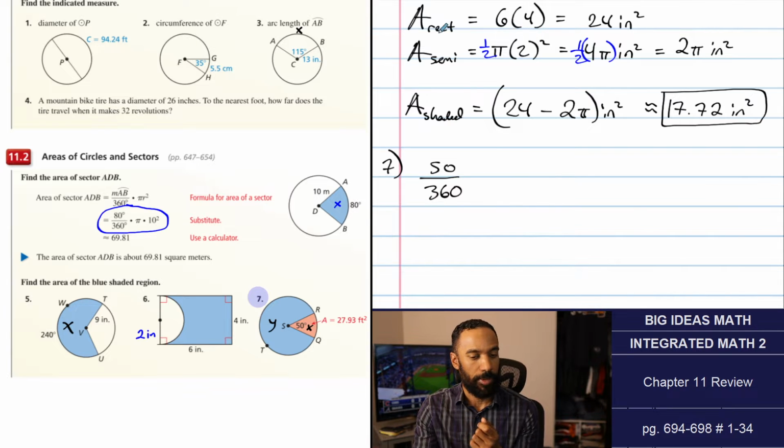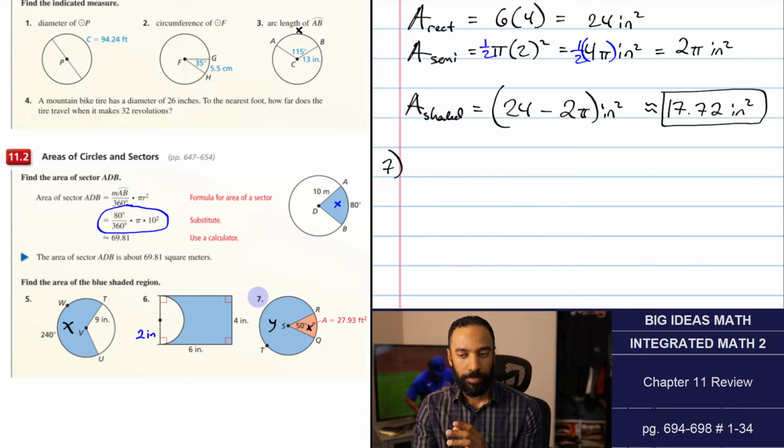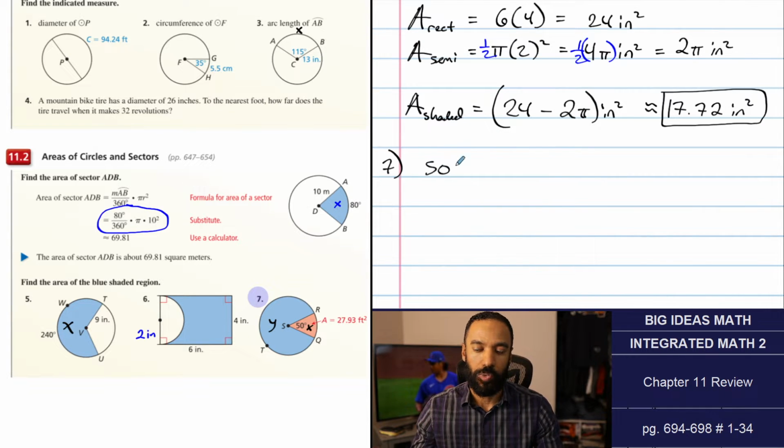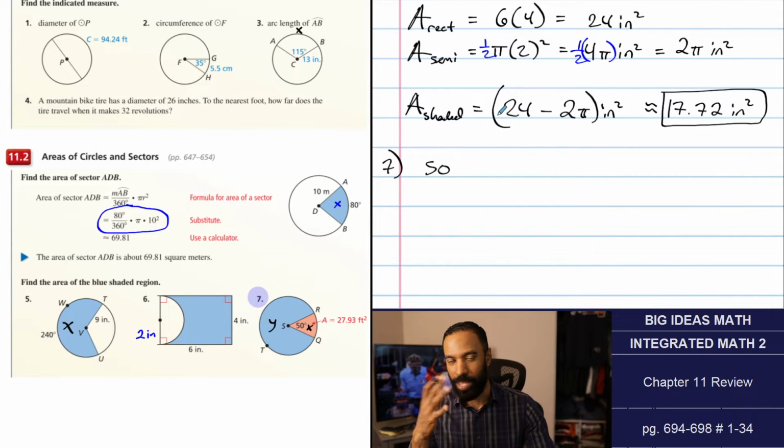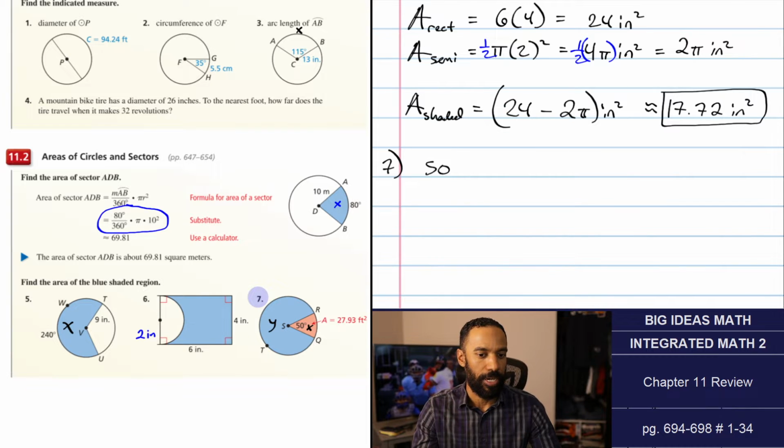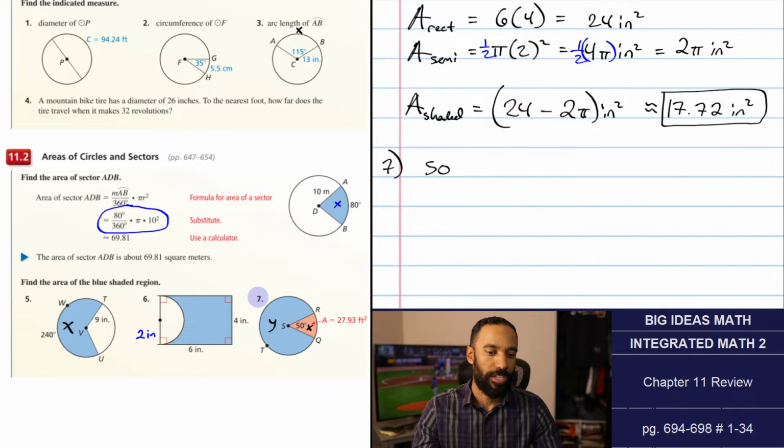This is going to be a little bit different. If that's 50 degrees, because what I was going to do is get the radius, use that to get the area of the whole circle or set up the proportion. I don't think I need to do that. What I could do is, if that's 50 degrees, this entire part is 310 degrees, right? The rest of what makes that circle.